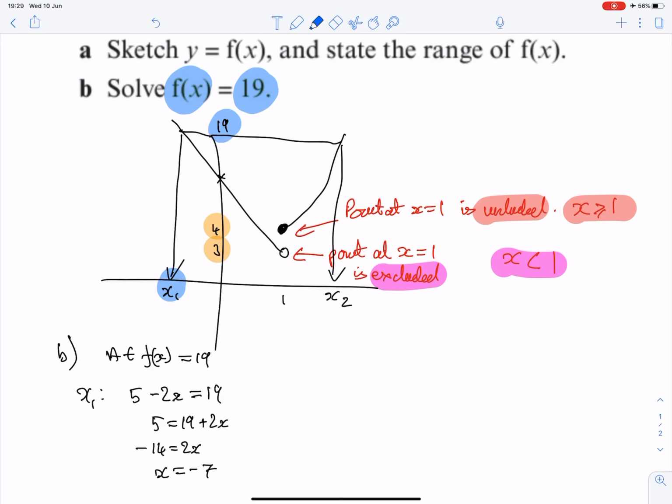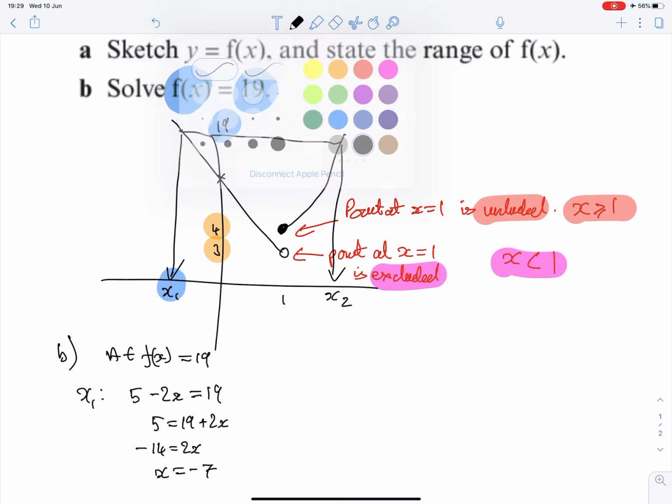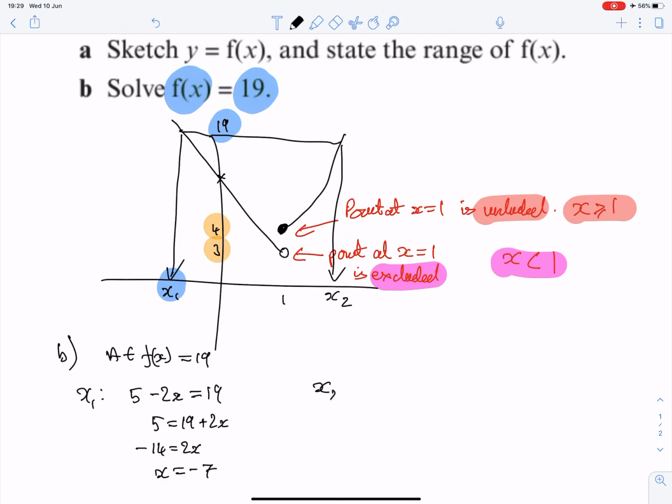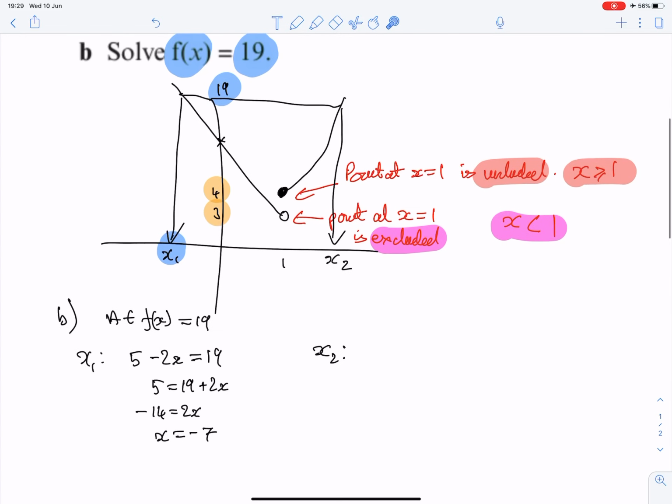Now we're going to look across to the other side. So at x2, we can see that x2 is coming from the quadratic part of the function. So x squared plus 3 is equal to 19. X squared equals 16.